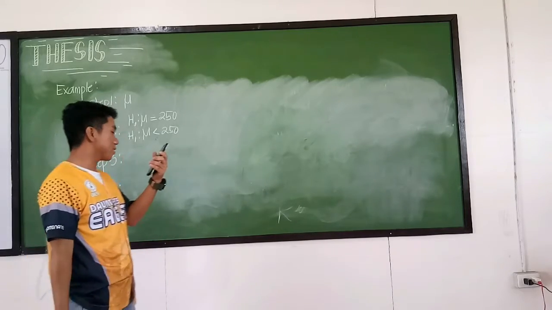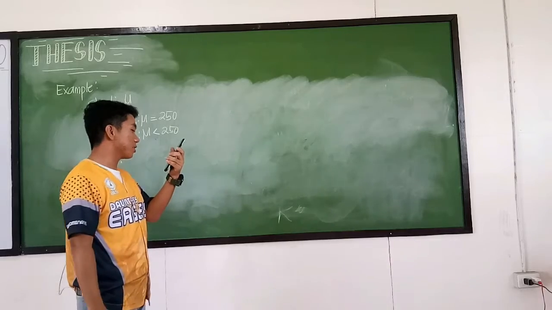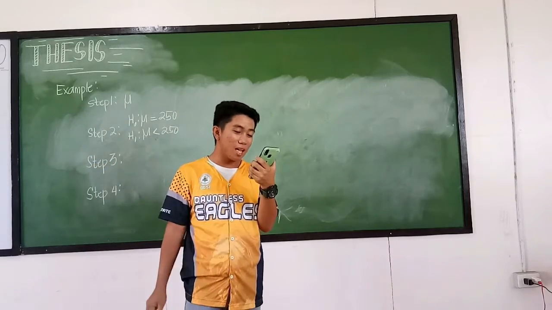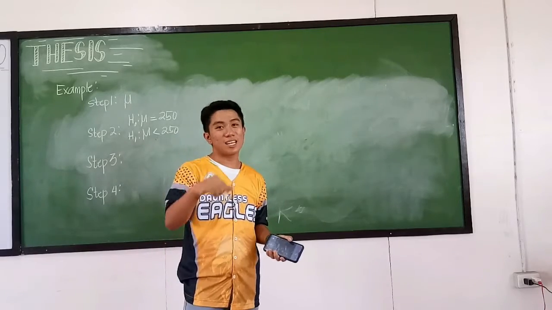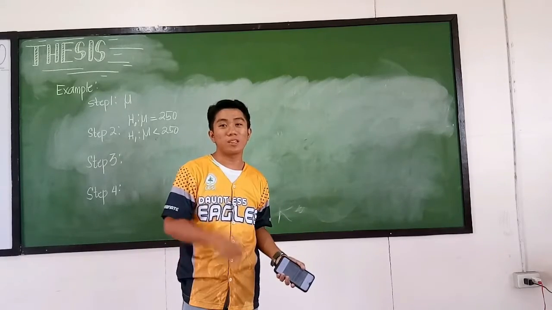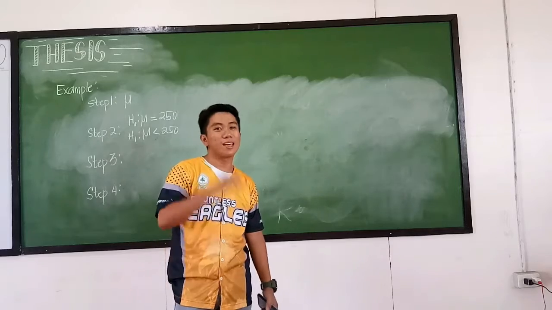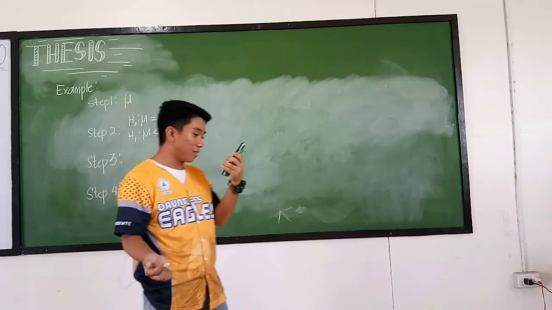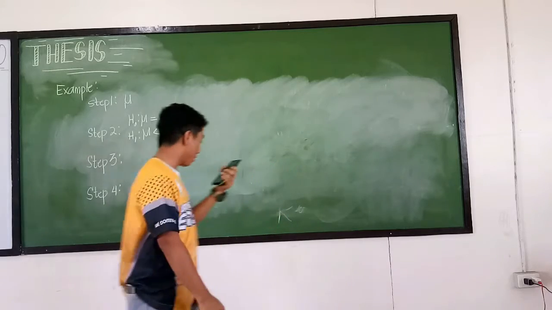So next, step 3, check the assumptions. Since n is equal to 100, it is in line with the central limit theorem, in which it should be at least 30. That's why it is distributed normally.